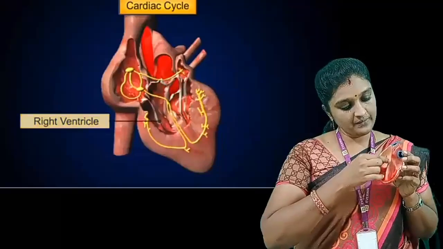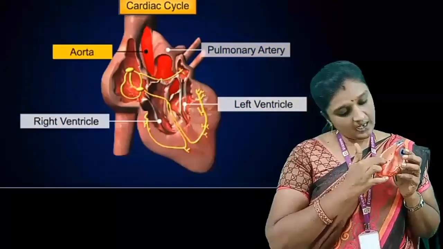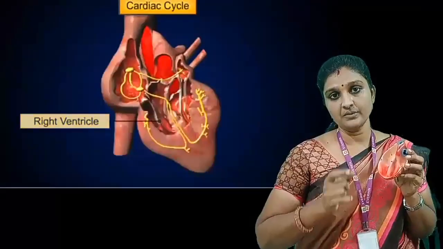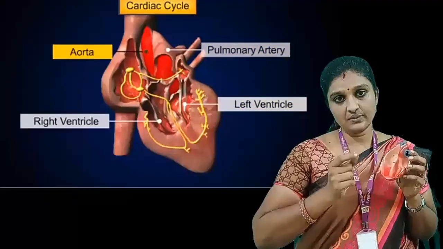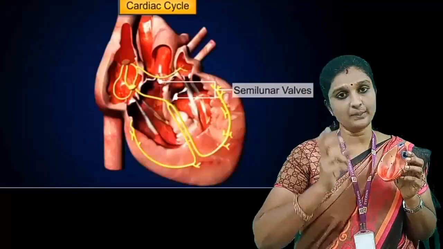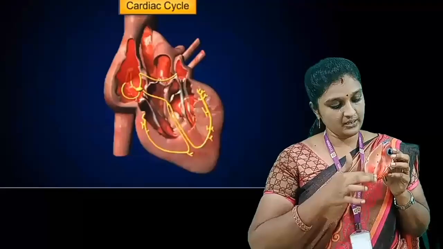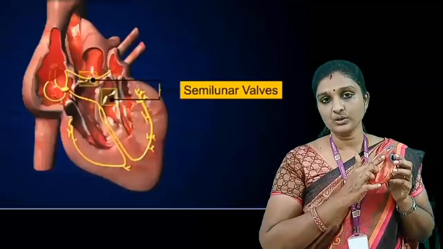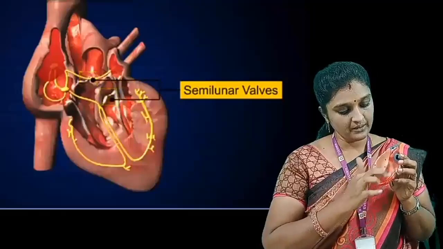The vessel which goes out from the right ventricle is called the pulmonary artery, which carries deoxygenated blood to the lungs. In that vessel you have a flap or valve called the semilunar valve or pulmonary valve. Same like that, on the left side, the vessel which comes out from the left ventricle is the aorta, the largest vessel.